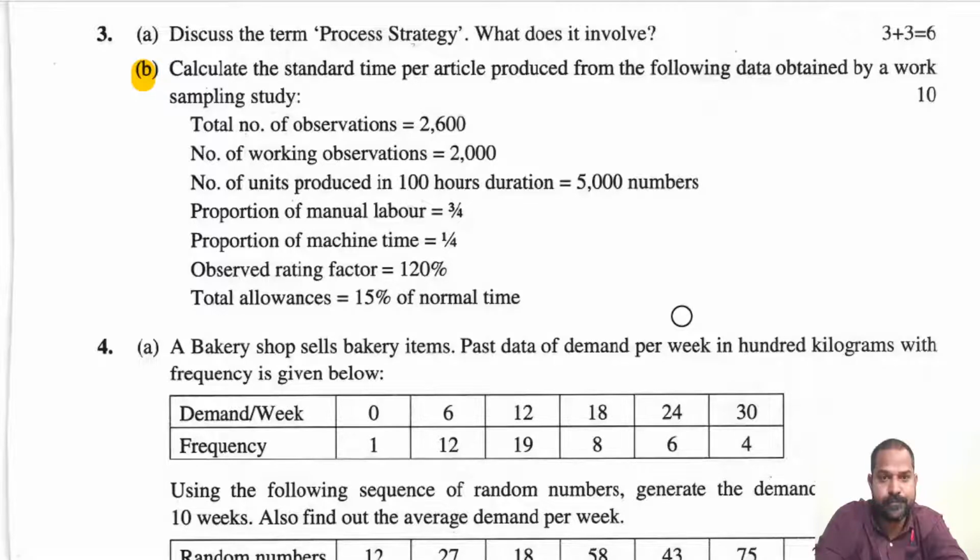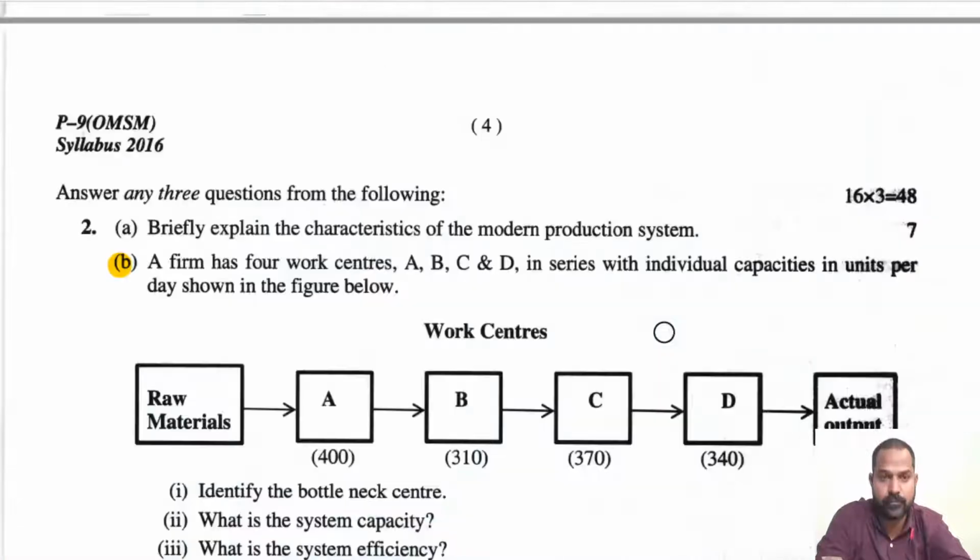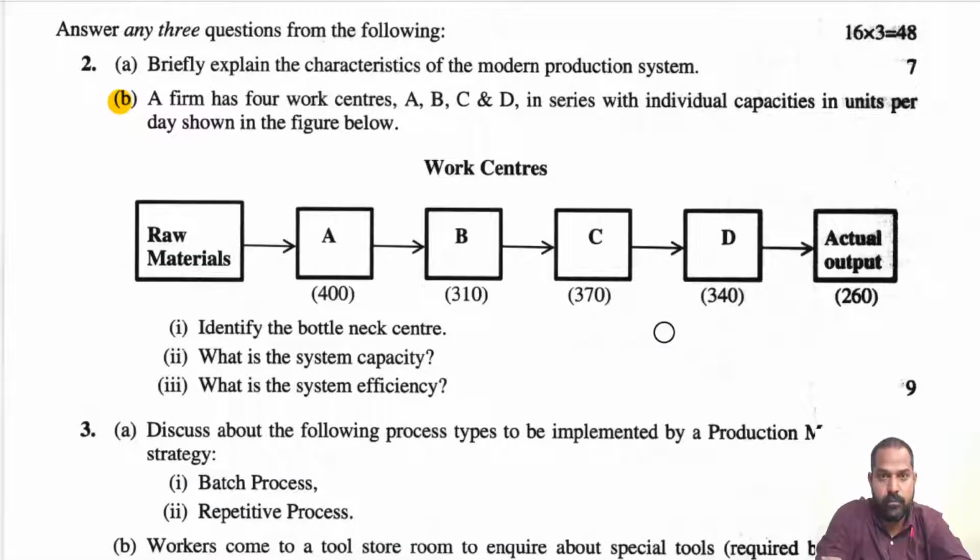Okay, let me go to the second. 2A no, 2B done, 3A no, 3B yes. And imagine, 9 marks, 3 questions for 9 marks. Workers come to a tool store room to inquire about special tools required by them for accomplishing a particular project assigned to them.